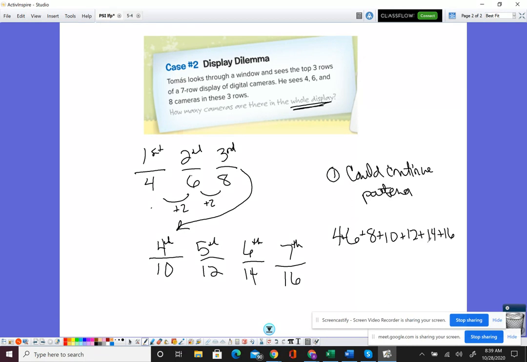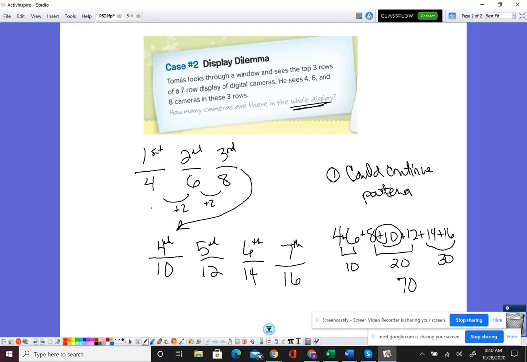When I add these up, I am going to pair them up. 14 and 16 add up to be 30. 8 and 12 add up to be 20. And 4 and 6 add up to be 10. So I still have this 10 up here that I have to add in. So 10 plus 10 is 20. Another 20 is 40. And 30 more is 70.